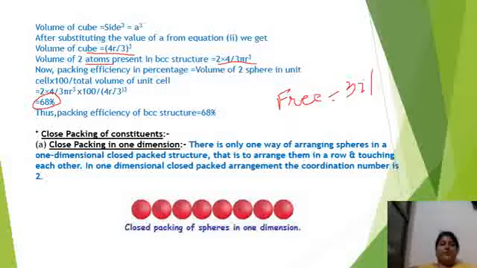Now the next topic is close packing of constituents. First of all, close packing in one dimension. We know that there are basically three dimensions, 1, 2 and 3. So over here, I am going to discuss the close packing in one dimension. Let us see, in one dimension, the particles are closely attached to each other.